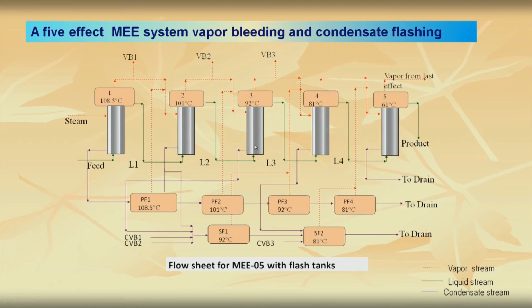Here in the first effect, I am feeding steam, and the condensate of the first effect goes to a flasher. Here its pressure is decreased and flash steam is generated, and that flash steam joins the vapor to the second effect.